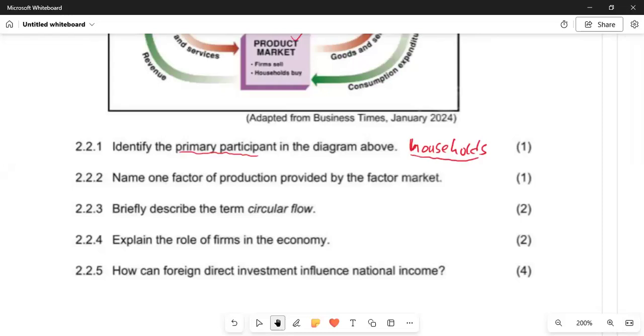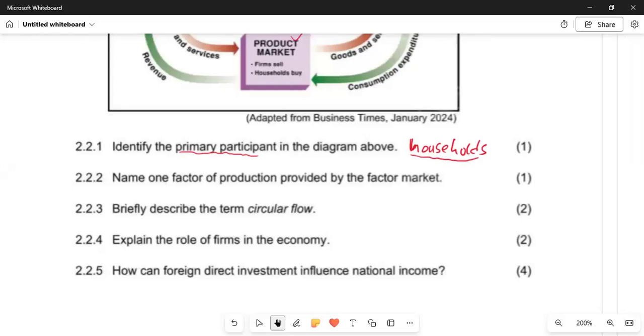That is how we can briefly describe the circular flow. For example, a worker earns wages, which is income, and spends money at a shop, which is spending. The shop pays suppliers and workers, which is income again. That is what circular flow describes.